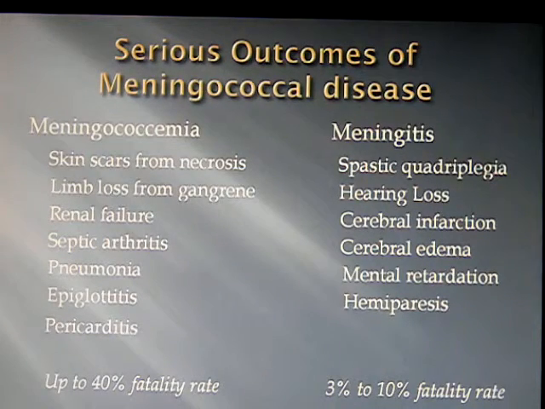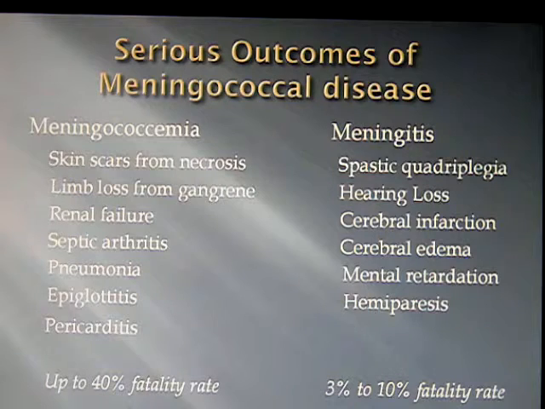Next, I want to talk about some of the serious outcomes of meningococcal disease that are usually seen. With meningococcemia, some of the more serious adverse effects are skin scars from necrosis, limb loss from gangrene, which I'll show you in the next slide, renal failure, septic arthritis, pneumonia, epiglottitis, and pericarditis.